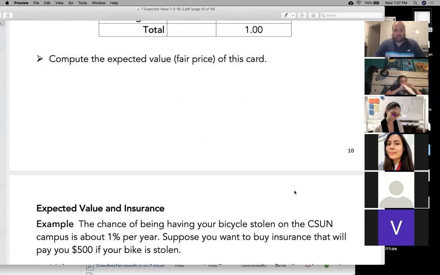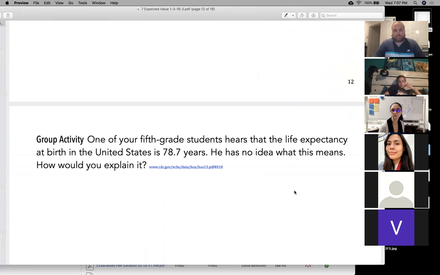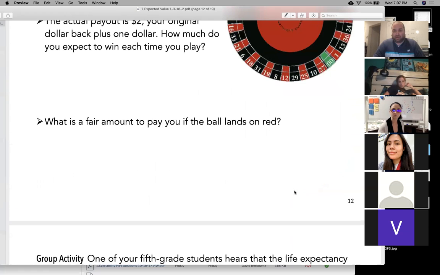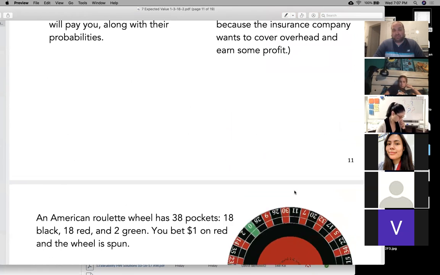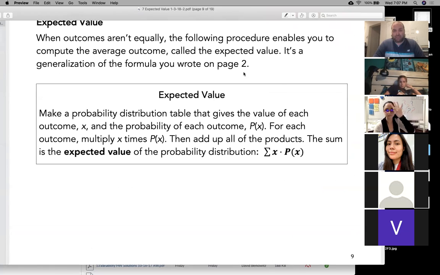Then we had examples, and examples, and examples. It was a very short chapter, in hindsight, with lots of examples illustrating this one idea of expected value. In this chapter, we also had the concept of fair value, I believe.